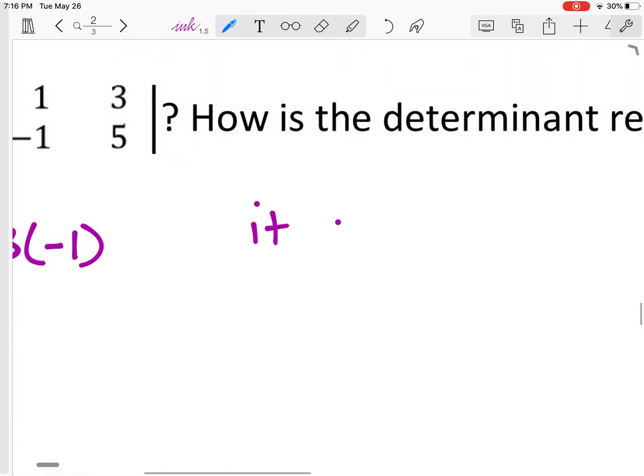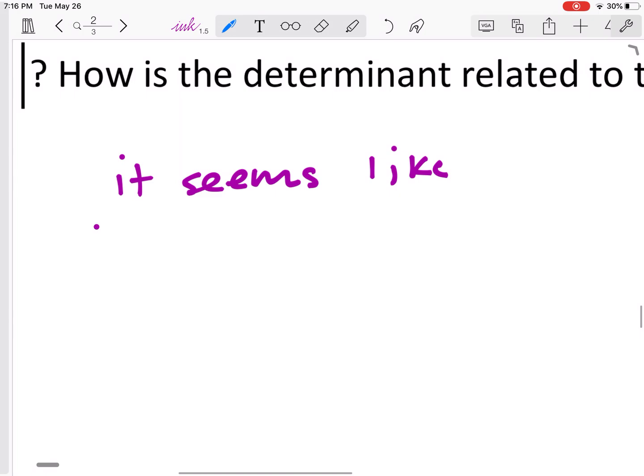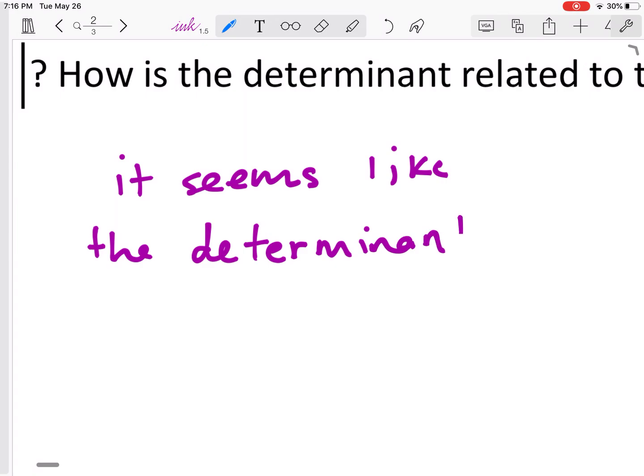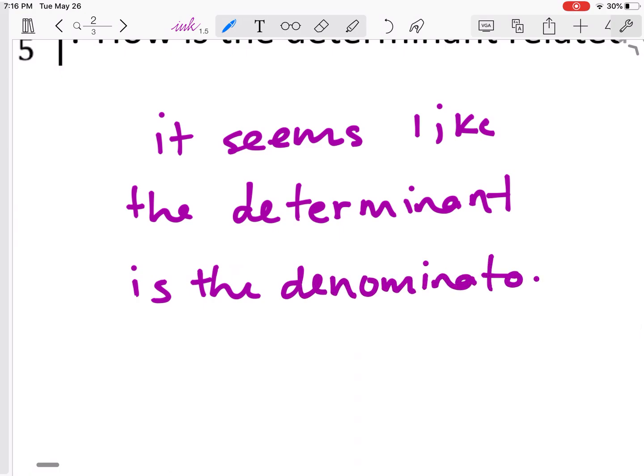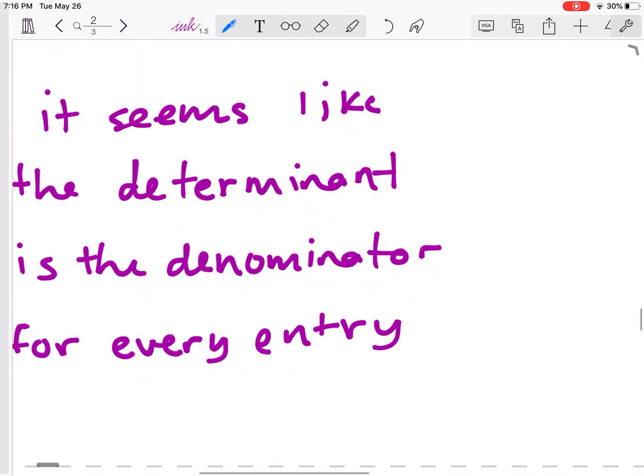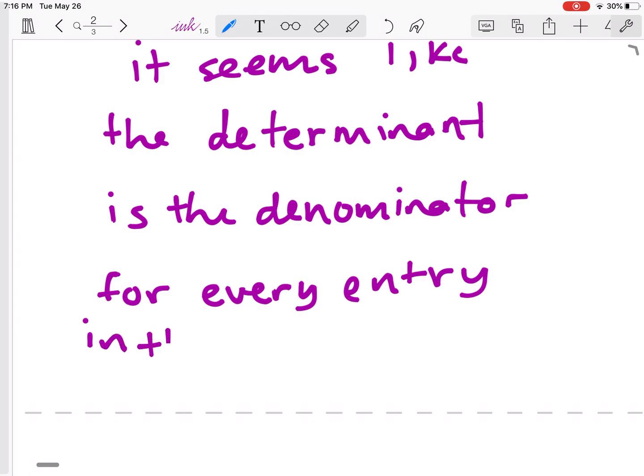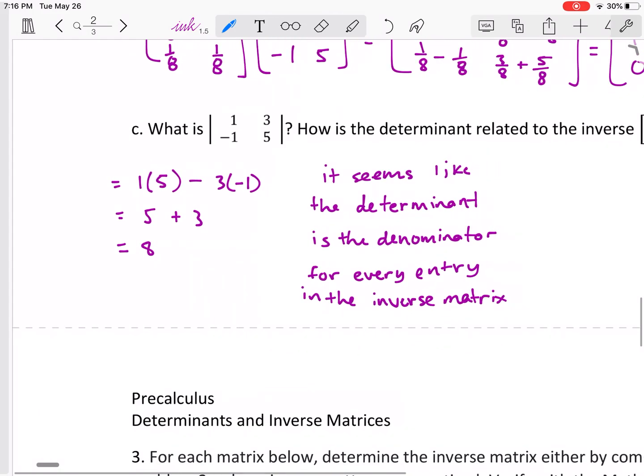So it seems like the determinant is the denominator for every entry in the inverse matrix. That can't be a coincidence, right? That's crazy.